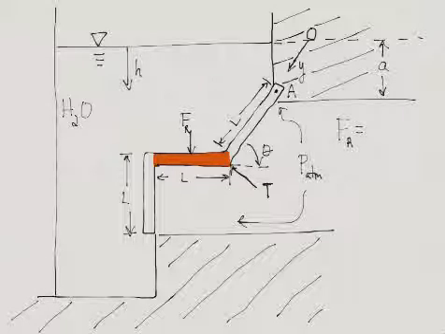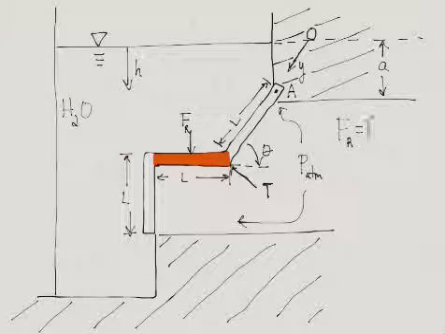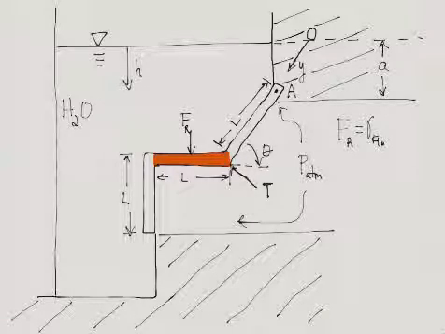I think if we use the same thing, if we say gamma of the fluid times H, and I want to say HC, but let's just say H, times the area, we know that gamma times H is pressure, and we know that area of the plate is the area of the plate. And so the area of the plate is going to be the same as the last one, but H is now all the way down.